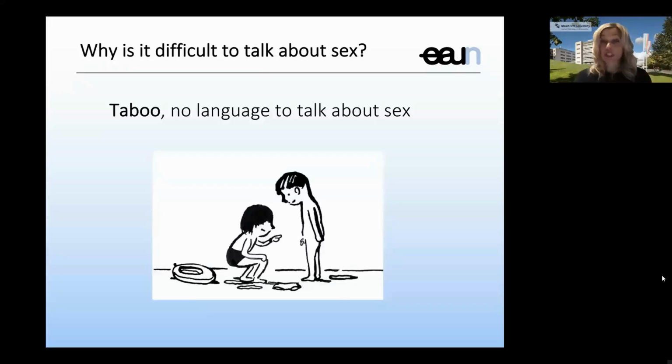Also, when children ask questions about sexuality, we don't give an answer because we say, oh, you're too little. Don't ask these questions. I will talk about it later. So from childhood on, you learn you cannot touch yourself and sex is something we cannot talk about. So that is actually the main reason why this personal embarrassment about sexuality is installed and still lingers on throughout adulthood.